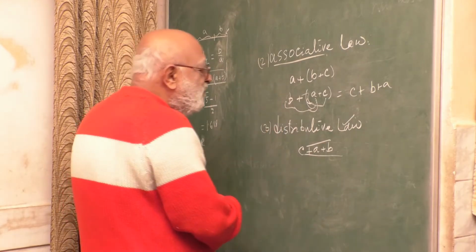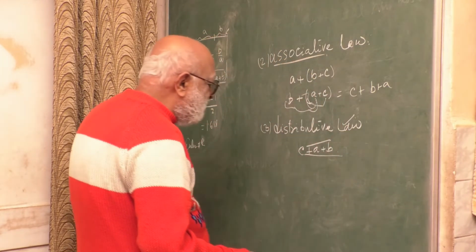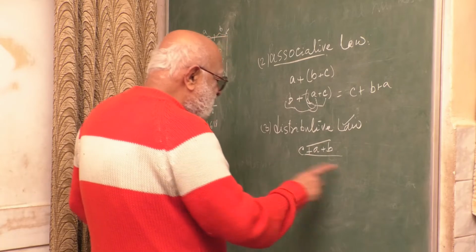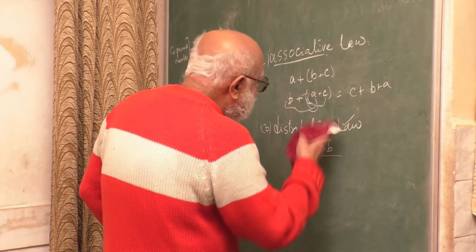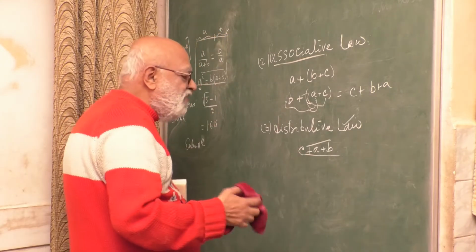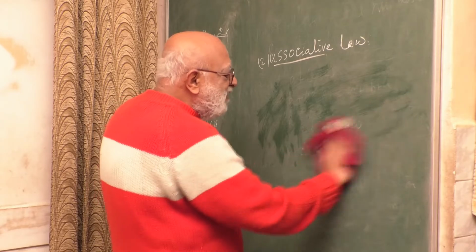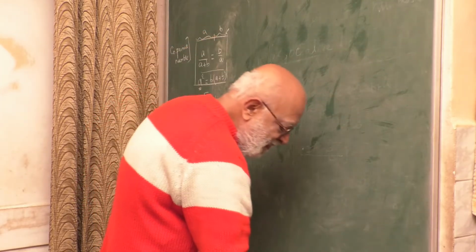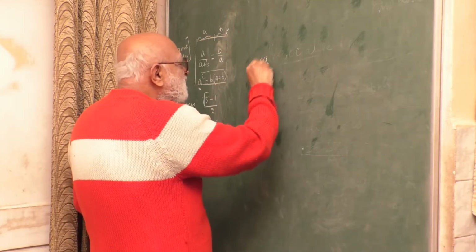1 is the commutative law, we have discussed in terms of addition. Subtraction, we have shown that this doesn't work because the change in position changes the value. Now let us see in multiplication. What happens in case of multiplication? What was first?